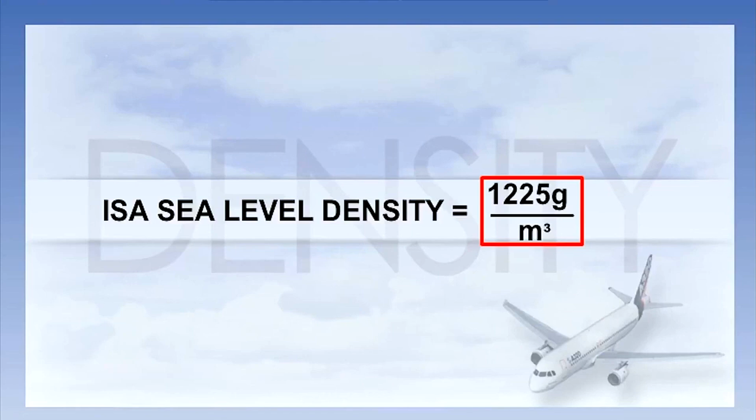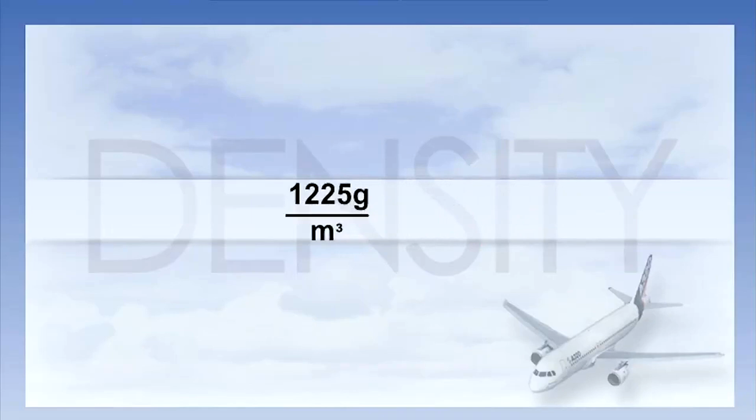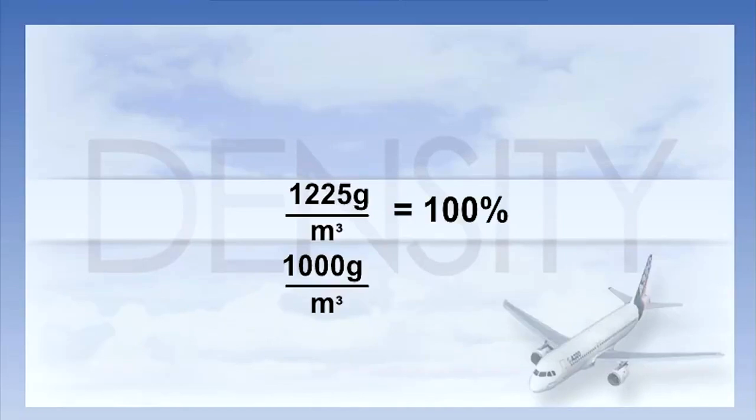However, there are other ways in which density can be expressed. If we know the standard sea level density in ISA, then we can use this as a benchmark to compare densities from other areas. So we take the density of 1225 grams per cubic meter as 100%.